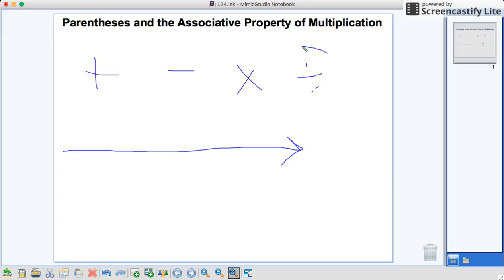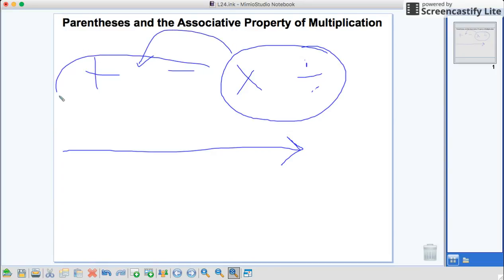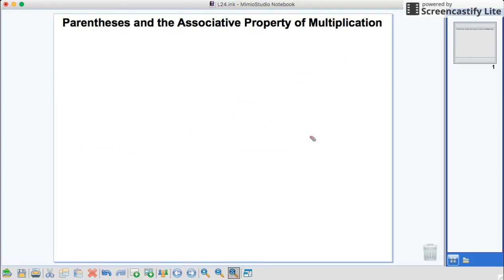However, we know that multiplication and division happen before addition and subtraction. But what if we want the addition or subtraction part of the problem done before the multiplication and or division?